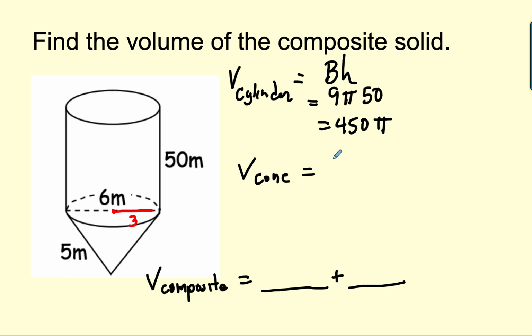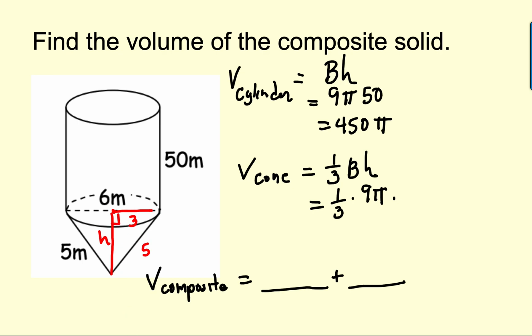Now the cone will be 1/3 the area of the base times the height. The base is the same as the cylinder, so this will still be 9 pi. And the height, we don't know. We don't have a height. So let me go ahead and draw one. That's my height. This is a 5, and this is a right angle.